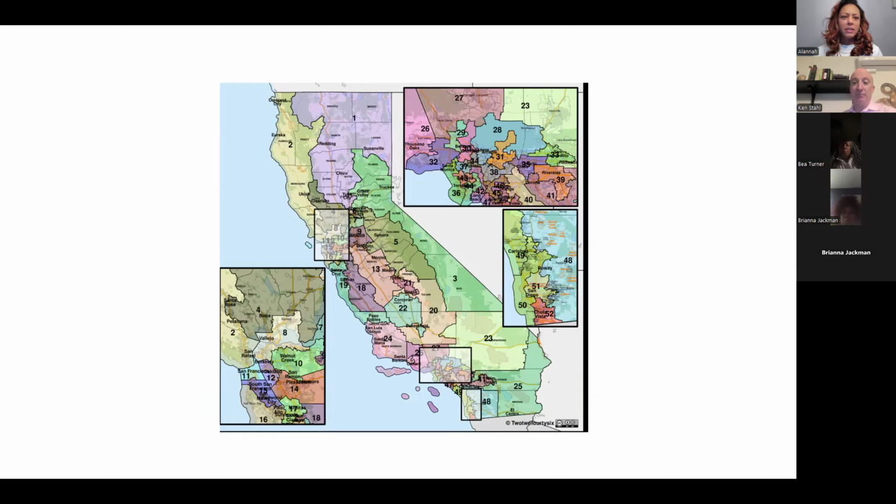How often are these lines drawn, and what is the standard to say, okay, now it's time to redraw the lines? So the normal time to redraw the lines would be after every census. Census is taken every 10 years. And the reason for that is because, as I just said, the districts do have to be equipopulous.